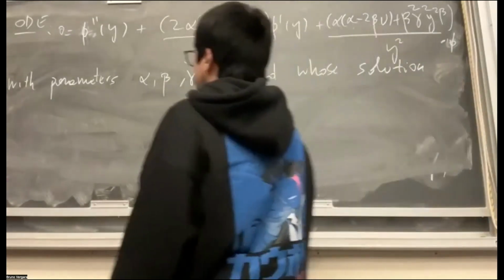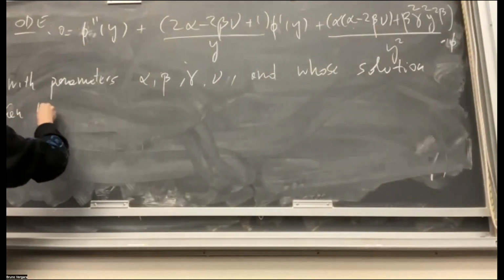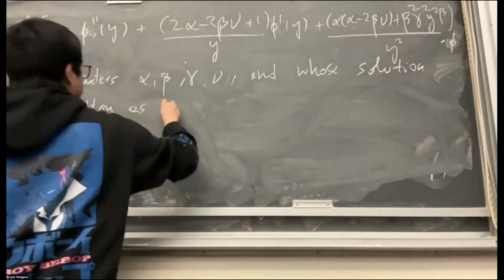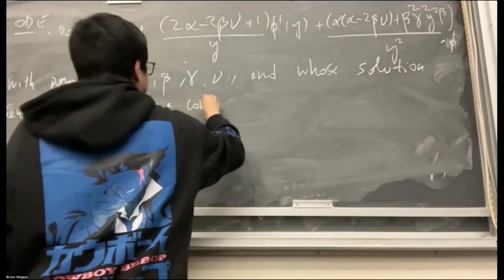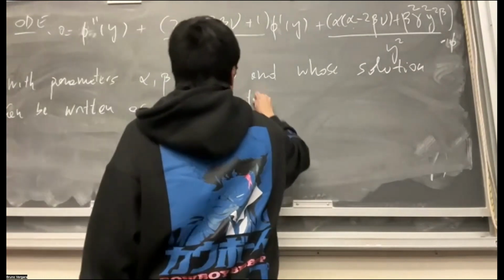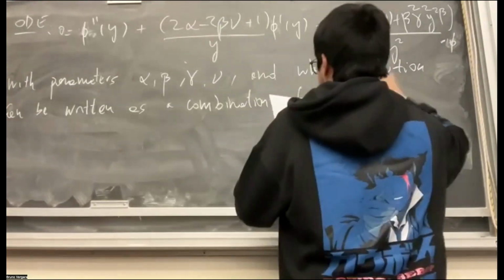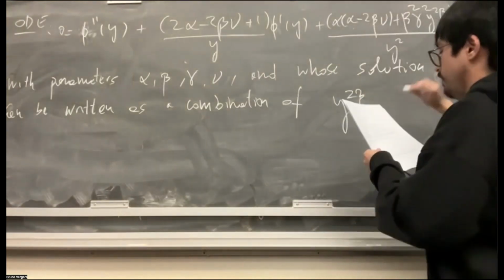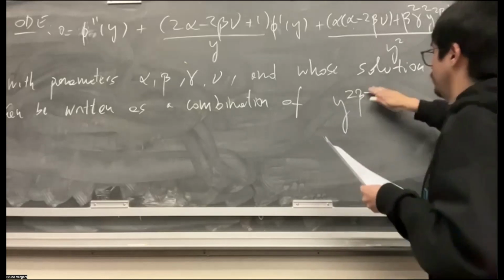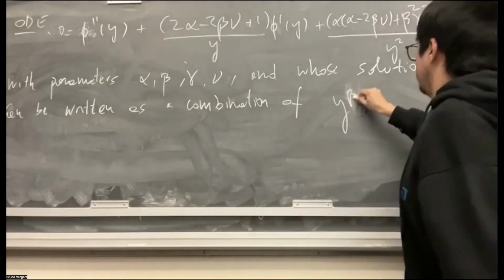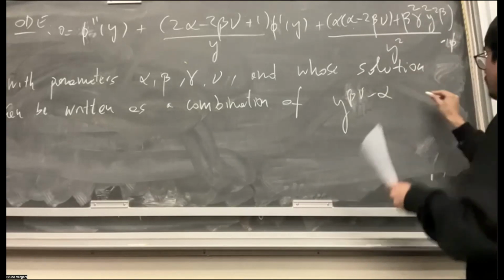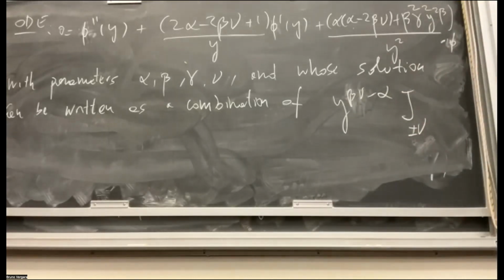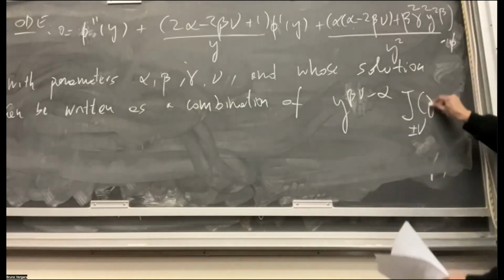can be written as a combination of Bessel functions. And my Bessel functions are going to be of this form. There is a weight y to the beta nu minus alpha, and then here I have the two Bessel functions.